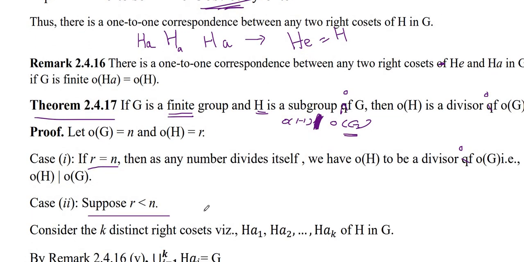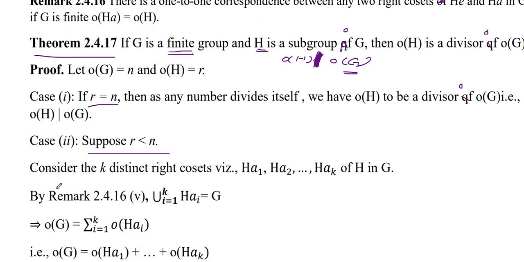Now suppose R is less than n. Then consider the k distinct right cosets. If we have G consisting of n elements, say E, A1, A2 and so on, then it's not that you must have HE, HA1 and so on, so many right cosets.